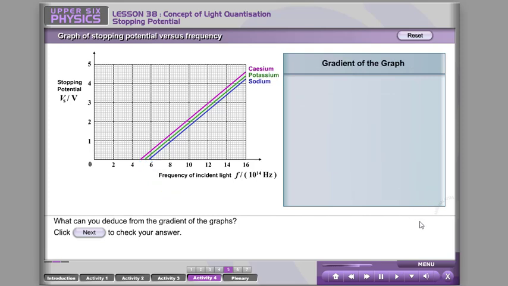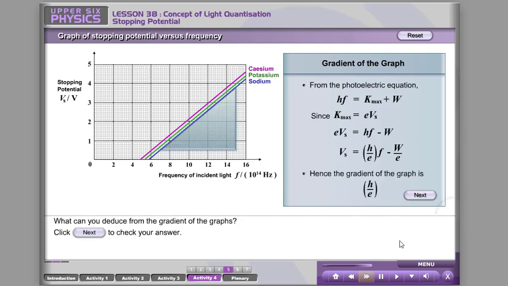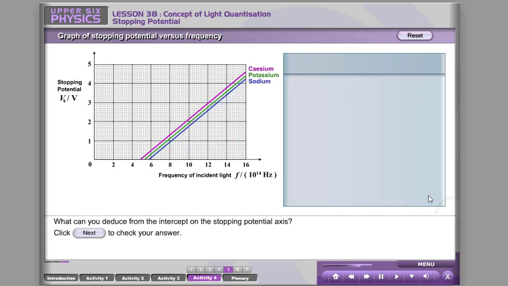Click the next button to check your answer. What can you deduce from the intercept on the stopping potential axis? Click the next button to check your answer.